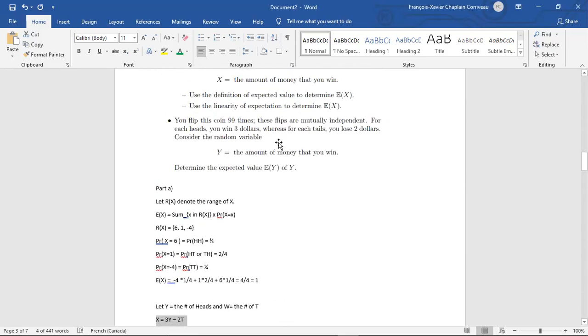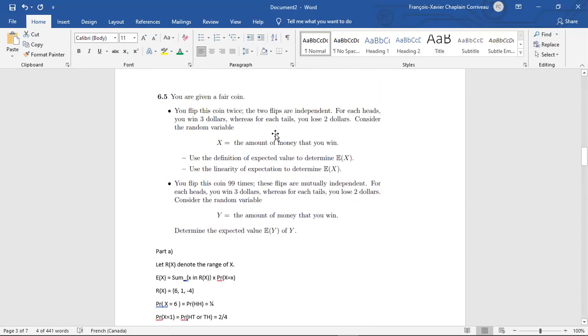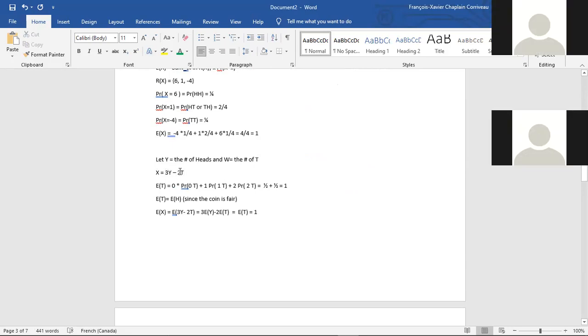Well, you can break the amount of money you win in terms of the number of each scenario that happens times their corresponding earnings. And that's what we did here. We had the number of heads times the earning per head, plus the number of tails times the earning for tails, right? I think that's pretty much it.